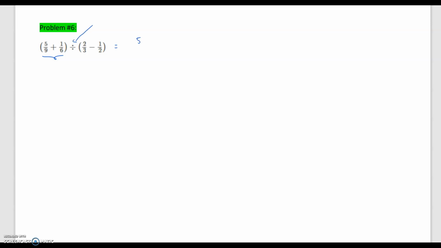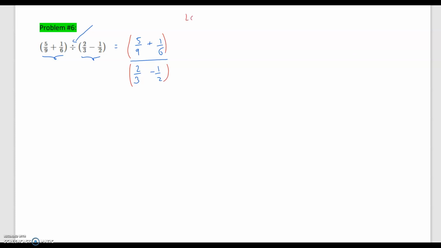So this will be 5/9 plus 1/6 over the values of 2/3 minus 1/2. And basically we're just translating the fraction. Notice that the parentheses ends up in the denominator. And let me just add that extra set of parentheses so that it's clear.